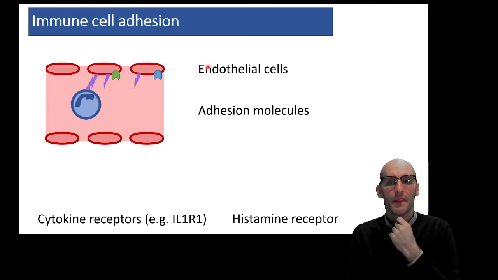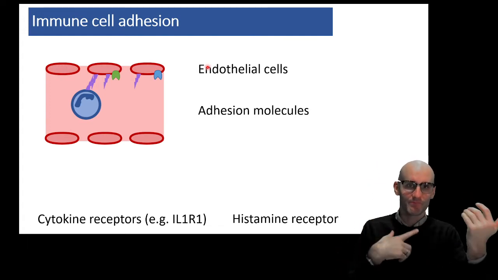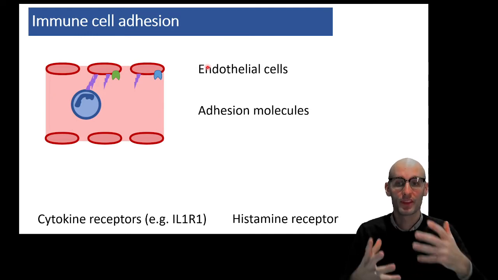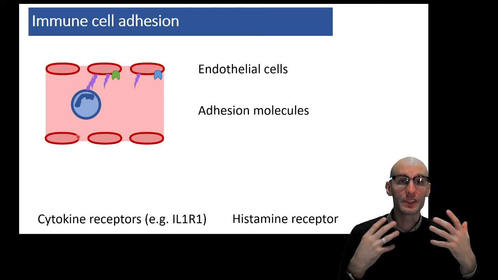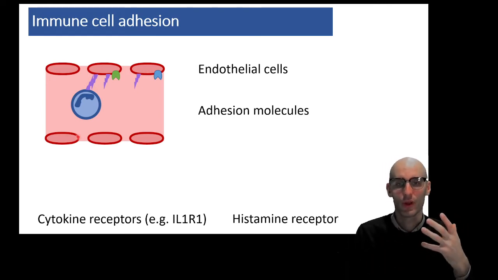These adhesion molecules are now also expressed in immune cells, and there's sort of a mutual upregulation of both of these adhesion molecules in response to cytokines. So there are also cytokine receptors on the immune cell, and their activation will cause the expression of these adhesion molecules. So this causes the immune cell to slow down and eventually stop and adhere to the cell.